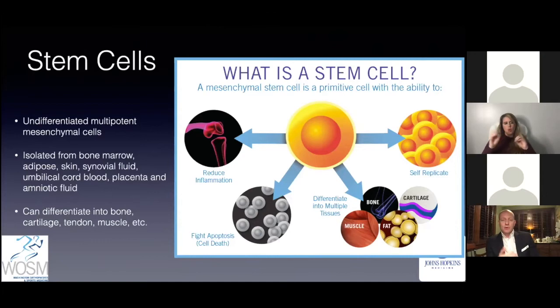If stem cells could do that, this would be an enormous breakthrough and eliminate the need for us to perform joint replacements and do all these other injections. Think about this concept with tendinitis or fractures or all these other conditions that we treat, even beyond orthopedics. So it's extremely exciting.